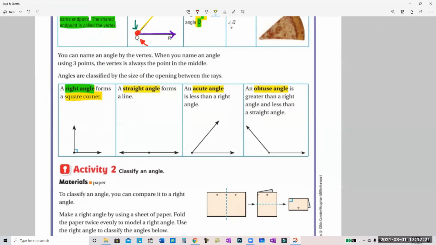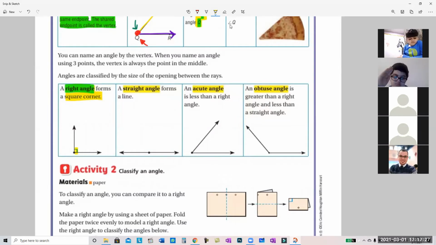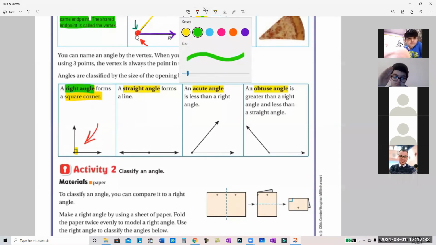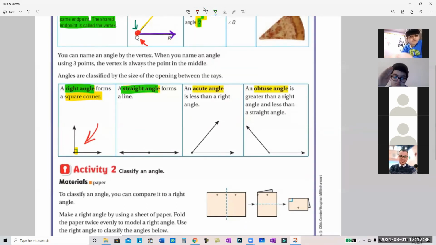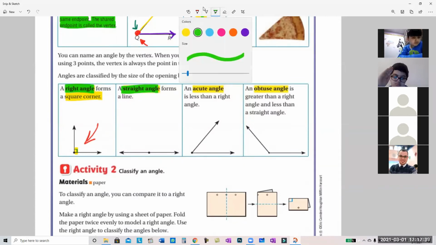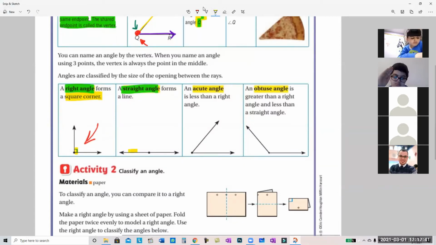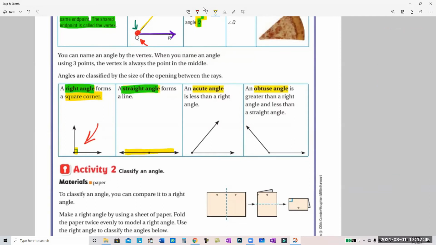A right angle forms a square corner. As you see here, we have a square corner, and this is called a right angle. The next kind is a straight angle. From its name, it is like a straight line, as you see here. It forms a straight line.